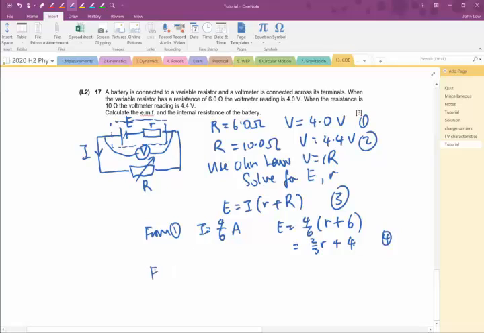From 2, the current is equal to 0.44 amps. We substitute into 3 again, so you get E is equal to 0.44 times r plus 10. So you have 0.44 r plus 4.4. That's equation 5.